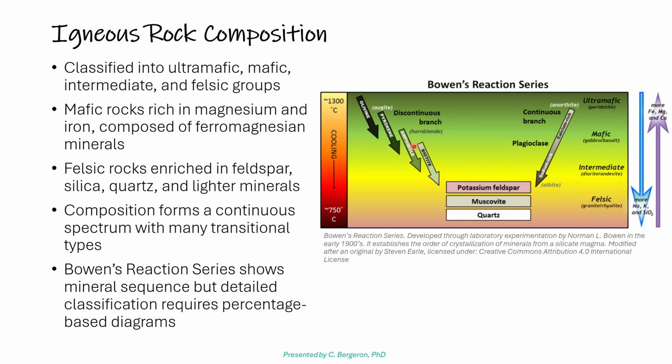They're crystallizing out of the magma. First you have olivine, then pyroxene, then amphibole, then biotite, and then potassium feldspar, muscovite, and quartz. And on the other side you have the continuous branch, where you basically have plagioclase throughout this whole cooling process.